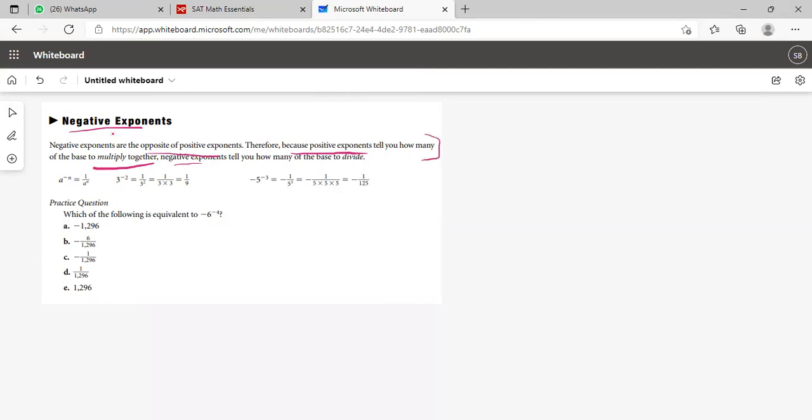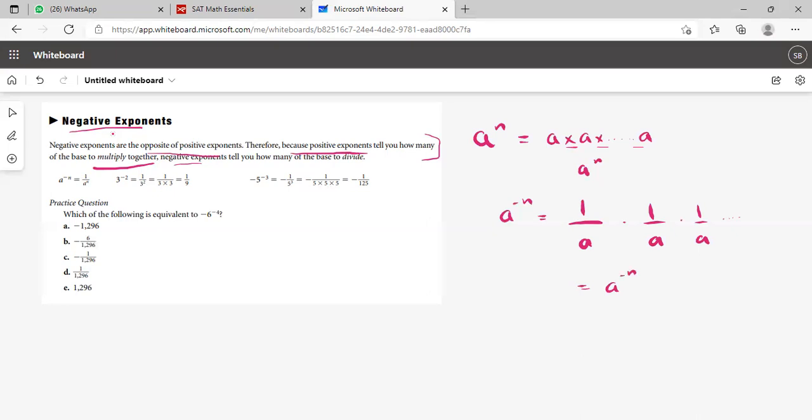Basically, when we had a to the n, this was telling us that we'll be multiplying a n times to get this a to the n, right? And this a to the minus n is telling us that we will be dividing 1 by a, n times to get this a to the minus n.